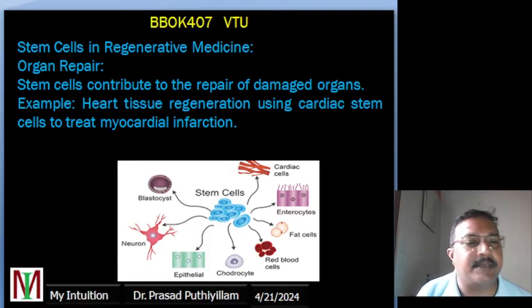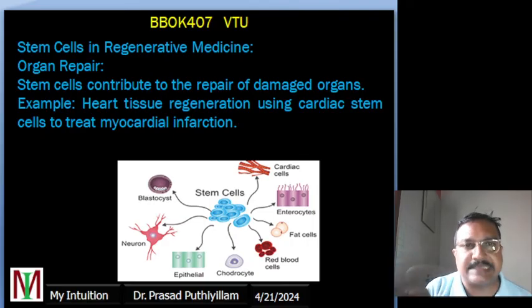Say for example, heart tissue generation after a heart attack, the myocardial infarction. A heart attack occurs when the blood flow to part of the heart is blocked, which causes tissue death.